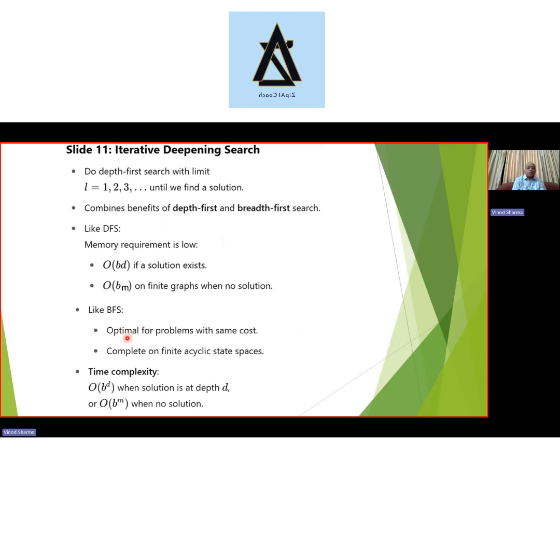So this algorithm is optimal if all the links have the same cost, and it is complete on finite acyclic state spaces, when the graph doesn't have cycles. Time complexity is of the order of b raised to power d when the solution has depth d, or of the order of b raised to power m when there is no solution.